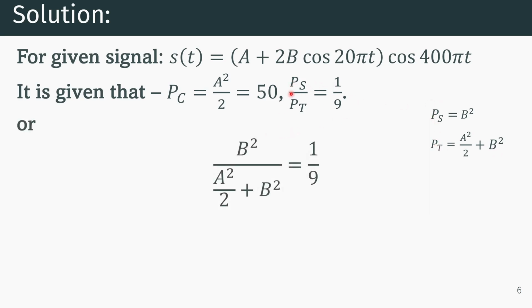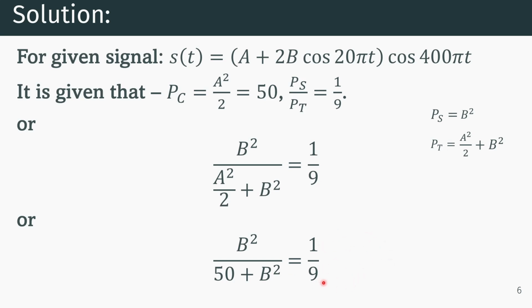P_s is replaced with B² and P_T is replaced with A²/2 + B². Since A²/2 is given to be 50, we get B²/(50 + B²), which is equal to 1/9.